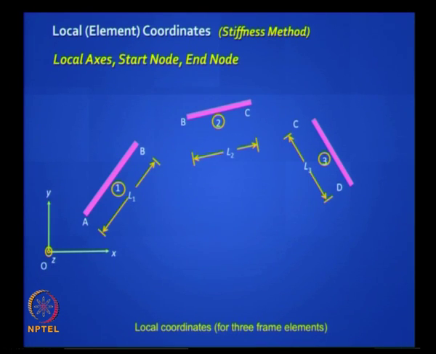Now we will switch from central government to state government. So how do we do that? What do you suggest? Write equilibrium equations. No, we are talking about the coordinate system. See, capital of India is New Delhi.